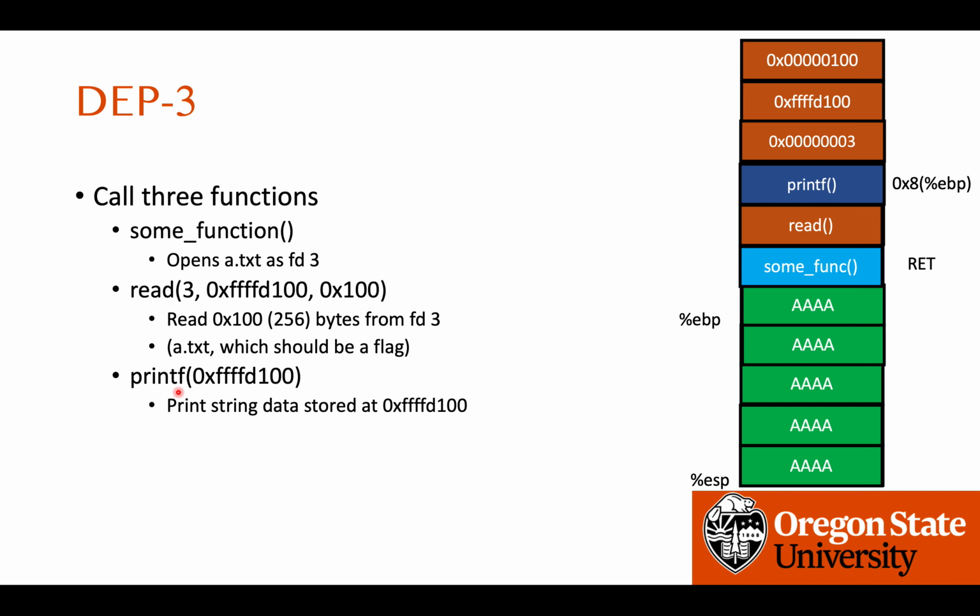And then printf that memory. Then it will print out the data that you read from the flag. And by filling the stack like this, first the return address as a sum function, and then read first argument as a 3, some stack address and size, and then call printf its first argument as the address where you read the flag content.